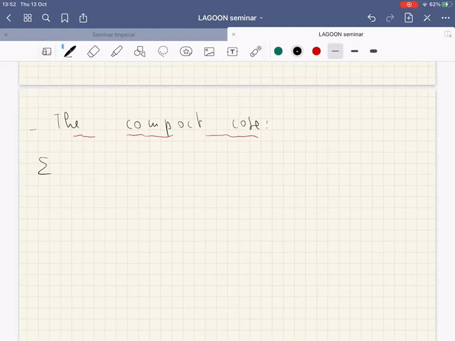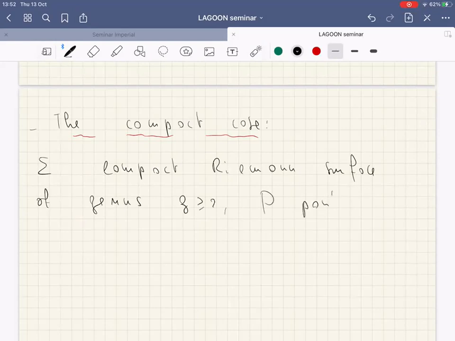Let sigma be a compact Riemann surface of genus g greater or equal to 2 and P a pants decomposition. Then, let me just give you the result, and then explain maybe a bit of the proof. The idea of the proof is extremely simple.